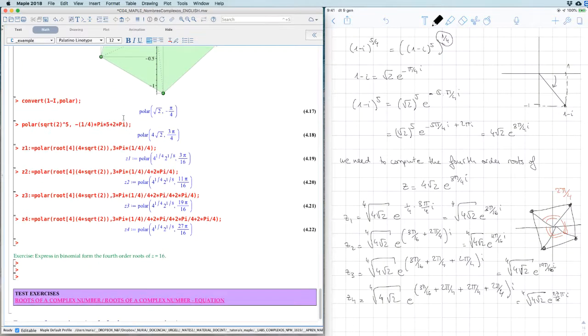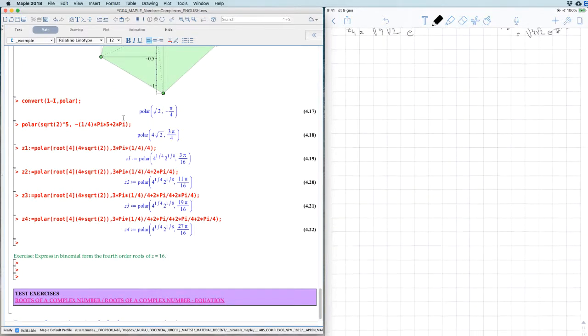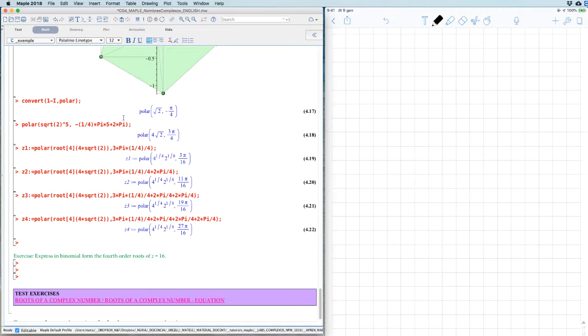Okay, and finally the last exercise is to compute the fourth order roots of z equals 16. In this case, the number that we are given is very easy because 16 is on the real axis on the positive part, so the argument is going to be 0. So this is going to be modulus 16, argument 0 times i.